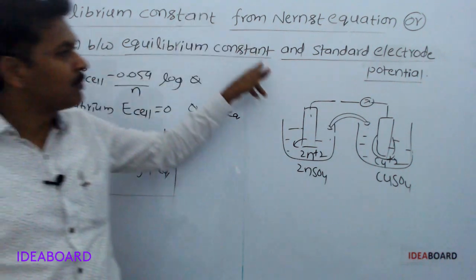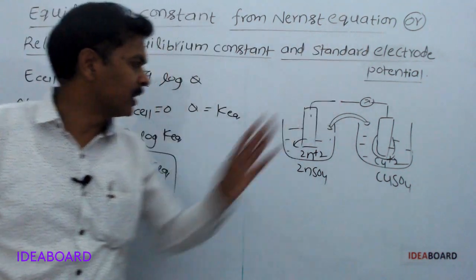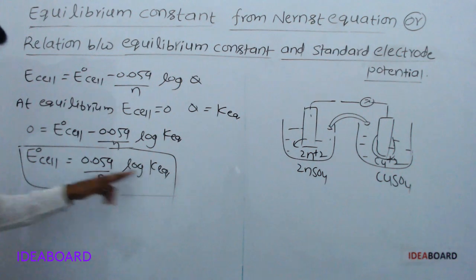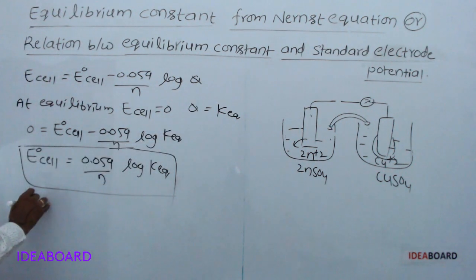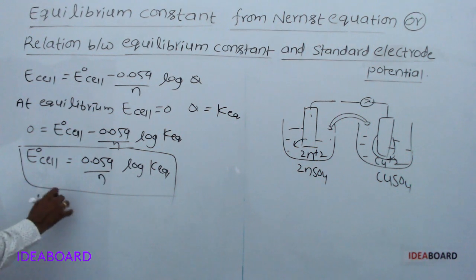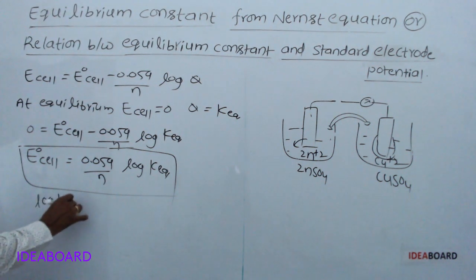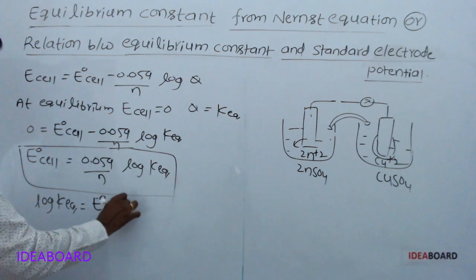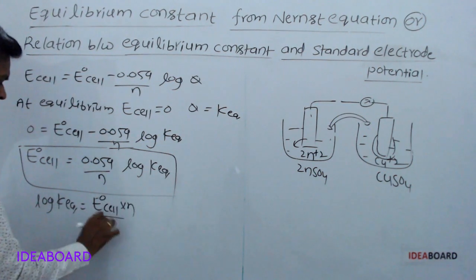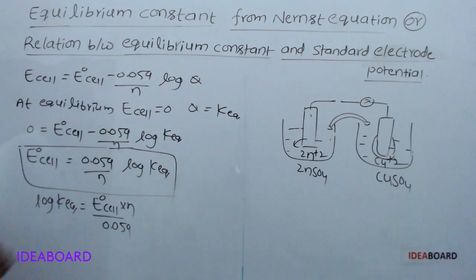Relation between equilibrium constant and standard electrode potential. This is equilibrium constant, this is standard electrode potential. Or from this we can write, log equilibrium constant is equal to E naught cell into n divided by 0.059.